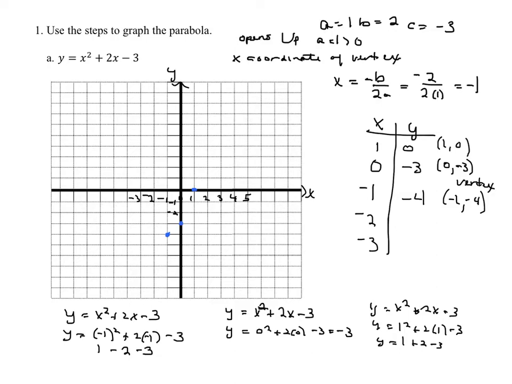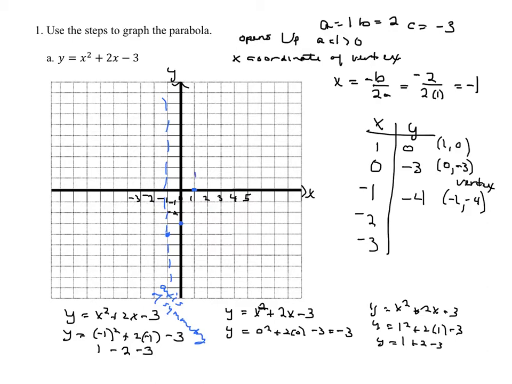Now, here's the deal on the parabola. The vertex, when you cut down the middle of a parabola, you cut it at the vertex. And this is called an axis of symmetry. Now, what does that mean? That means there's a mirror image from one side of the parabola to the other.